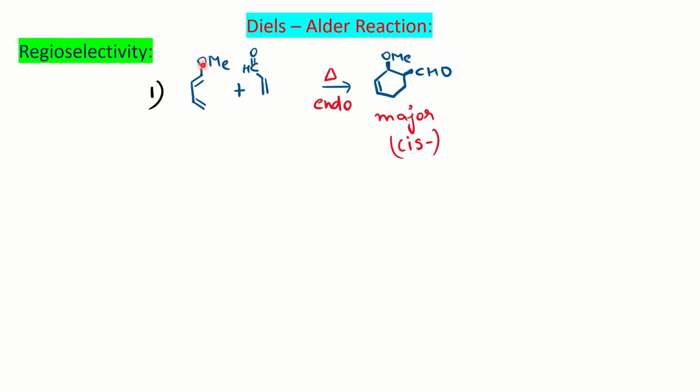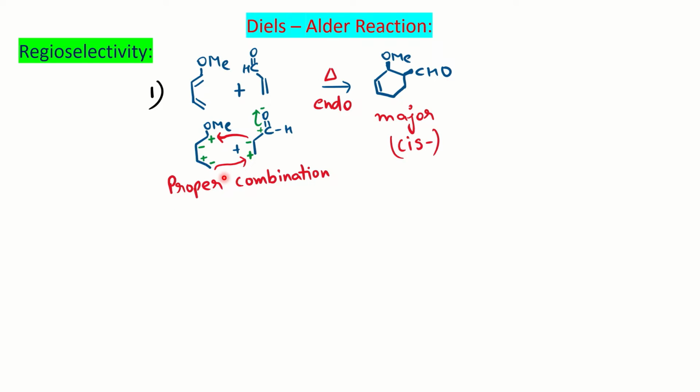Outside means we consider it on your left hand side, and this CHO is also on your left hand side if you imagine yourself on the double bond. So if both the groups are on the left hand side, both are on the same plane. So you can say either above the plane or below the plane is the major product. And this is a 4+2 addition, so you are going to have a cyclic ring with a double bond. So stereochemistry we have covered, and this is a major product.